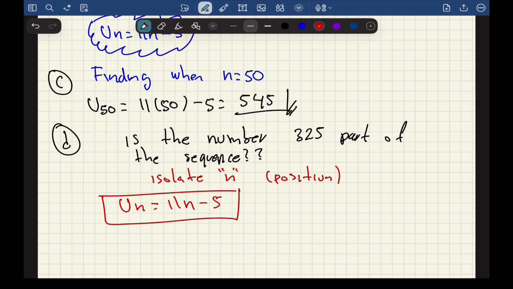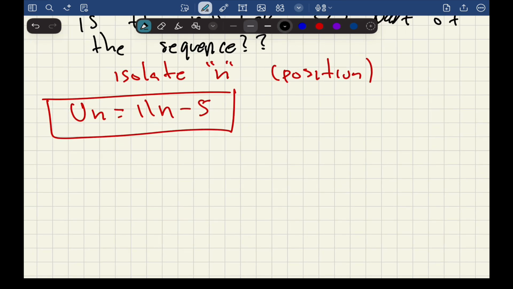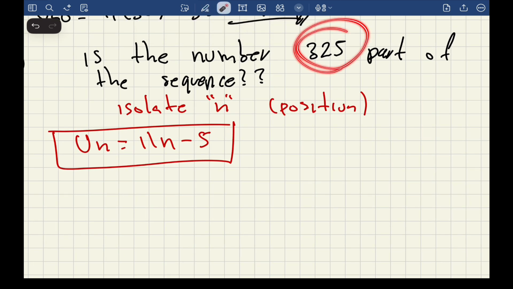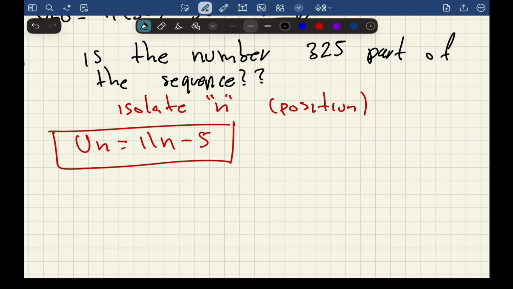Remember, this is the number using the position n. So we are going to find the position. We already have the number, 325. We don't know its position.